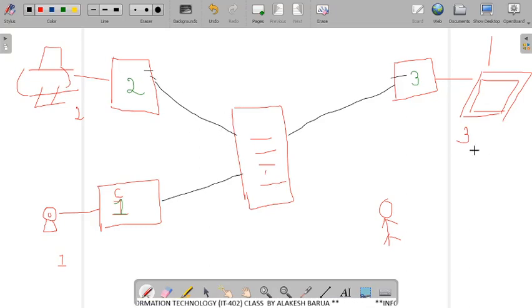Then, if the person has to take a picture, print it and scan it, he can sit at a terminal, which is another computer attached to this main computer.